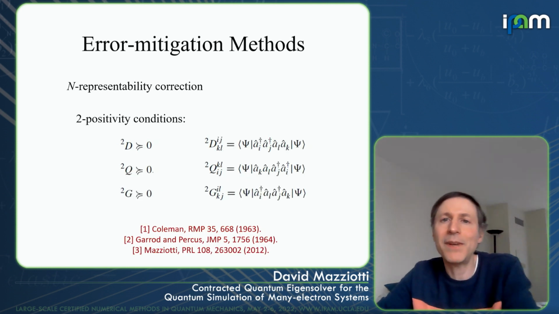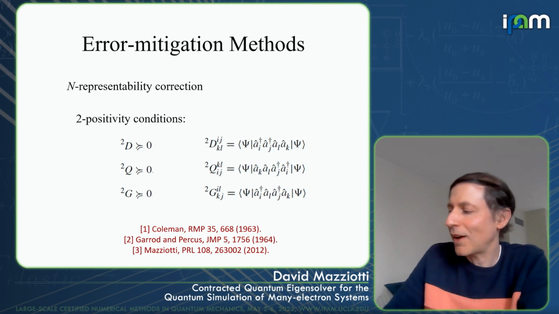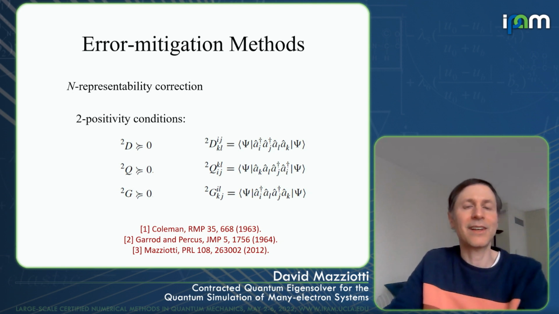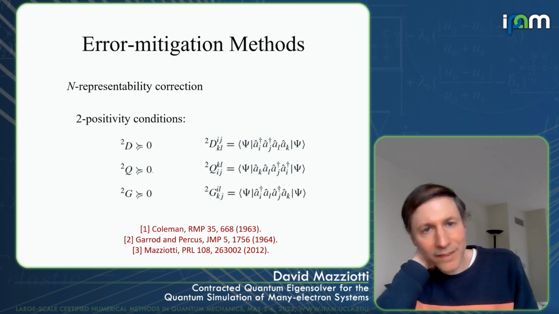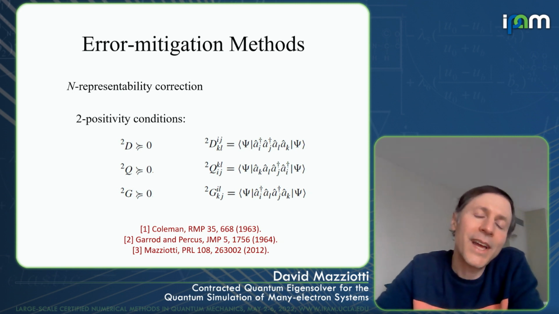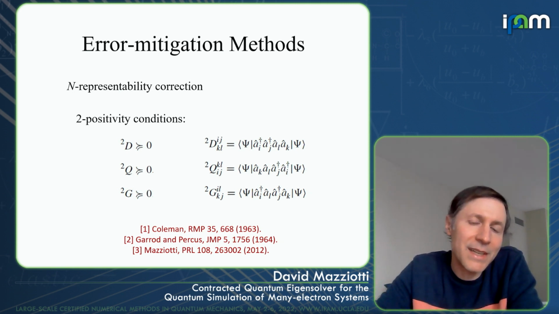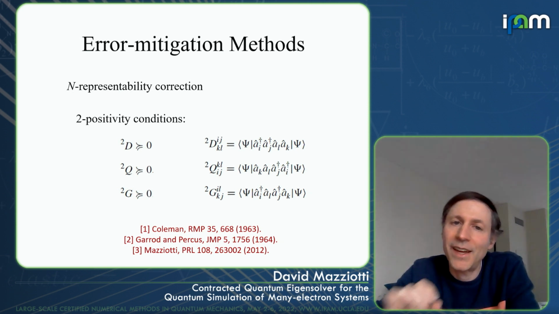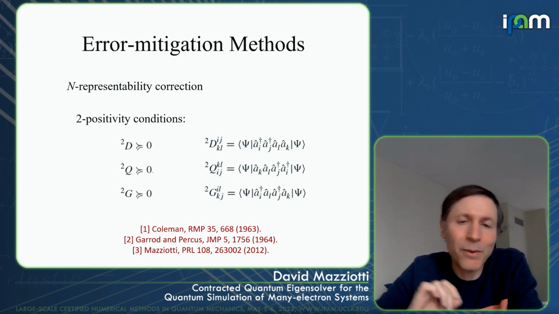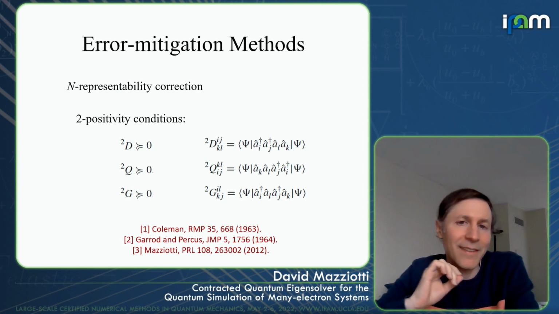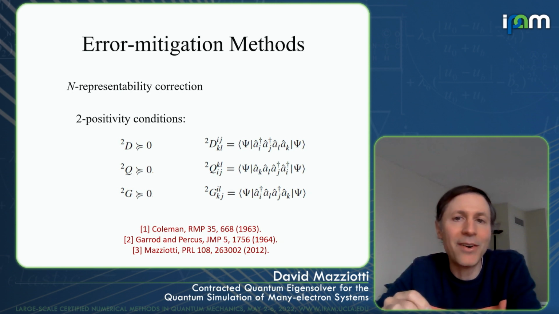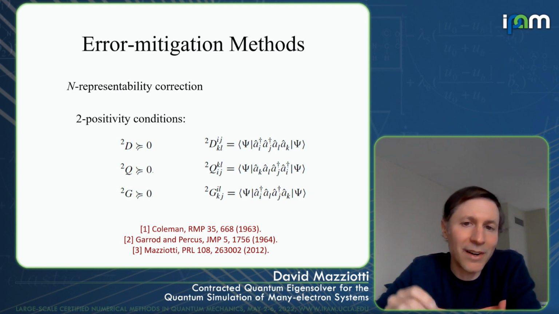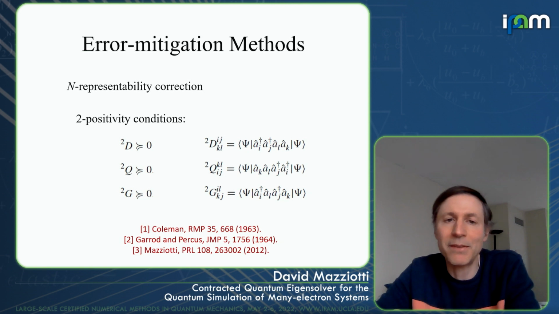Now, our second error mitigation technique is to invoke n-representability conditions. So what exactly are these n-representability conditions? Well, when we generate the 2-electron reduced density matrix by tomography, in principle, if we have a noise-free or fault-tolerant quantum computer, then we're going to get the exact 2-RDM out. All the operations are completely physical. They're all unitary transformations.